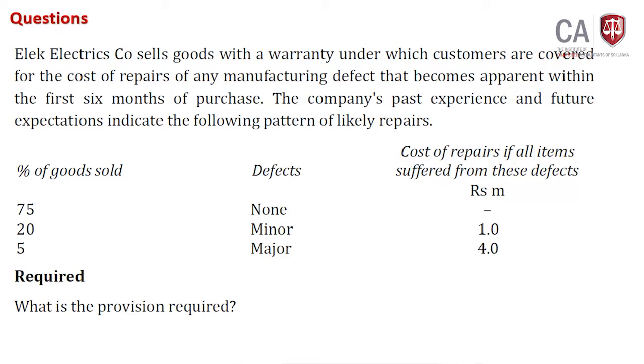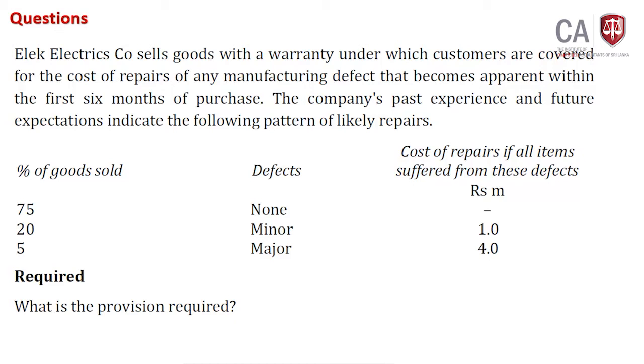So, the cost of repair, if all items suffered from these defects, is 1 million. So, 1 million is the repair cost if it is minor defects. To have minor defects, the probability is 20%.